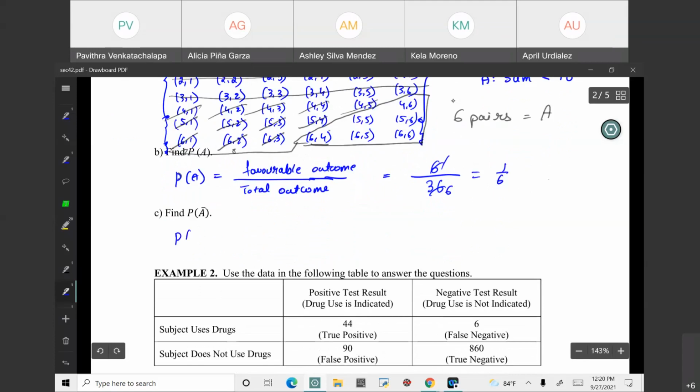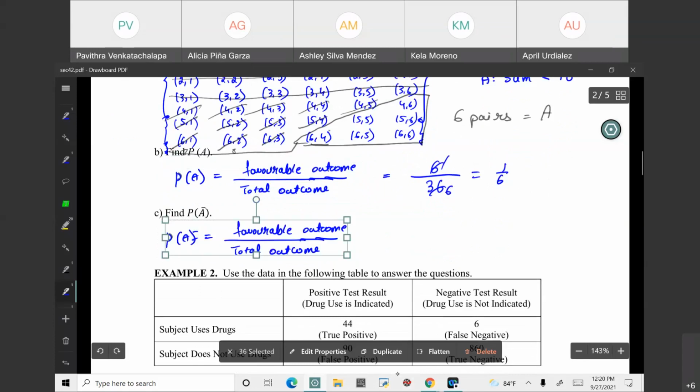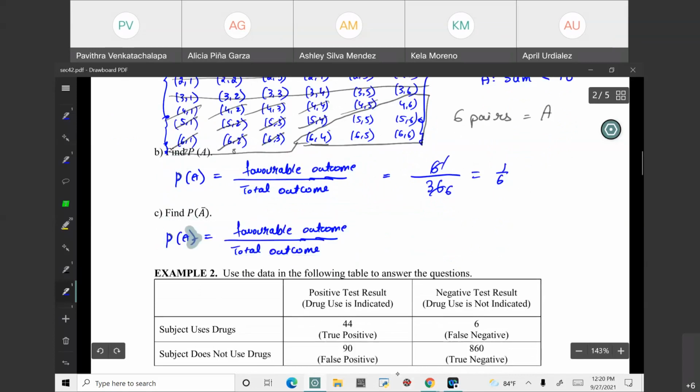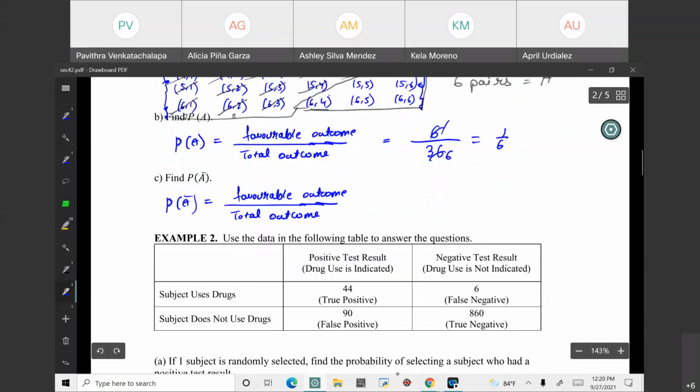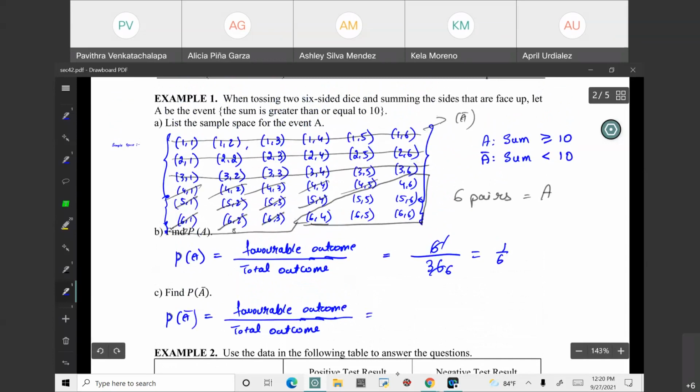Now, what is the probability that the event will not occur? Again, use the same formula. What is the outcome that the event will not occur?